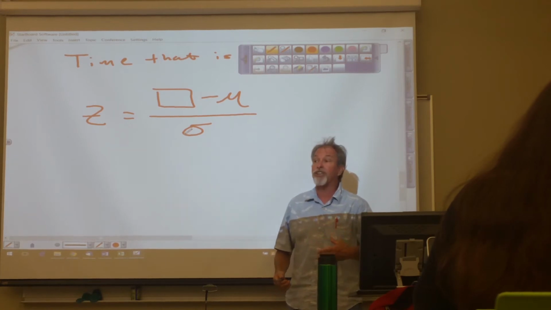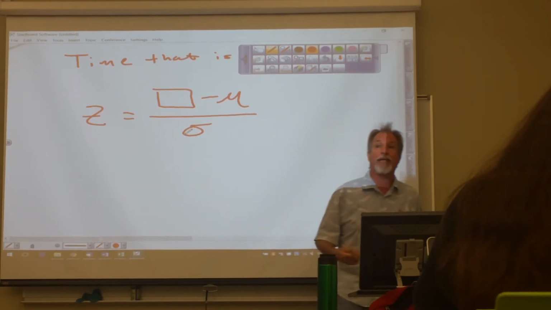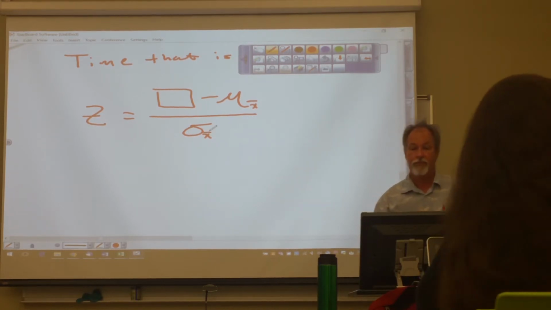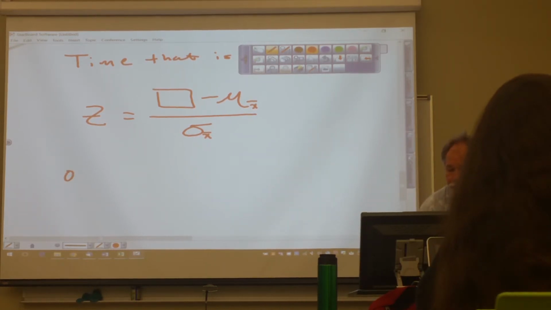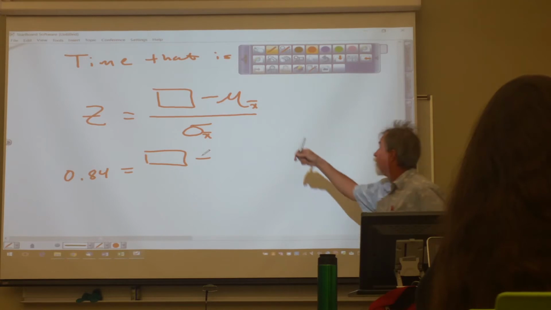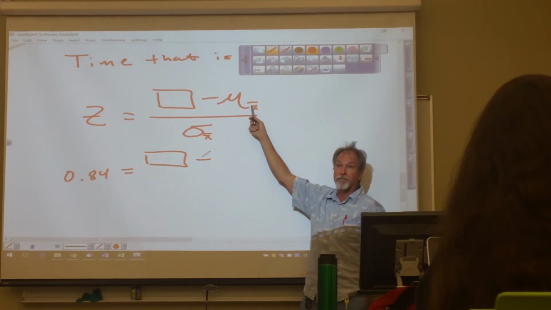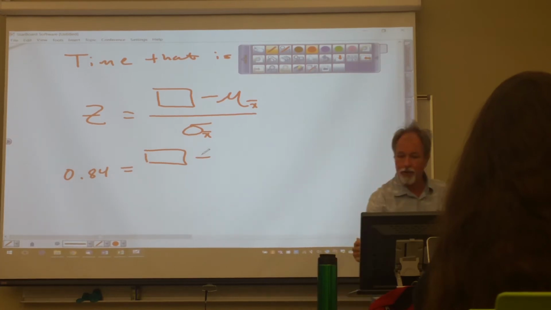In this particular case, I'm talking about my sample, right? So that means I want to use the sample data. So I now know I have 0.84 is equal to, I'm still trying to find that number. What number do I use for this? See, I have to go back.